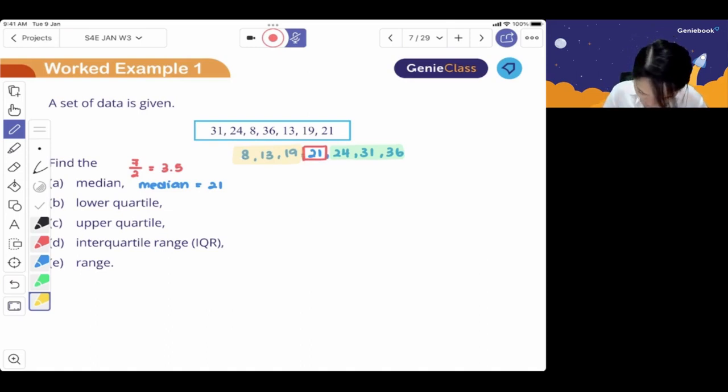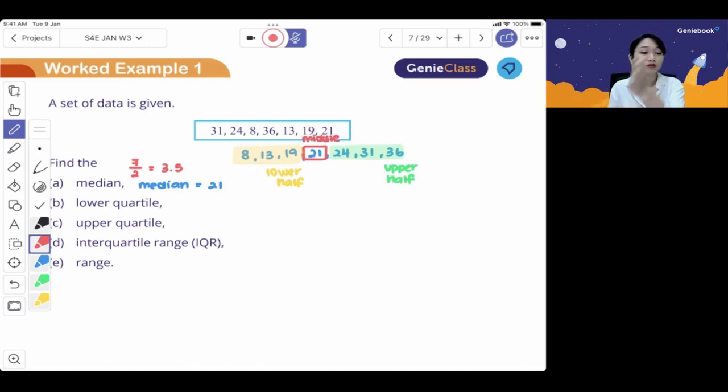Remember, this part here is our lower half, and the green one is our upper half, because we found that 21 is the middle, the center.